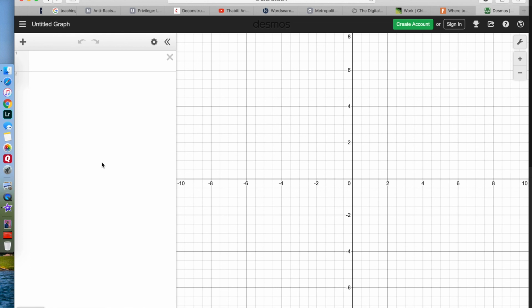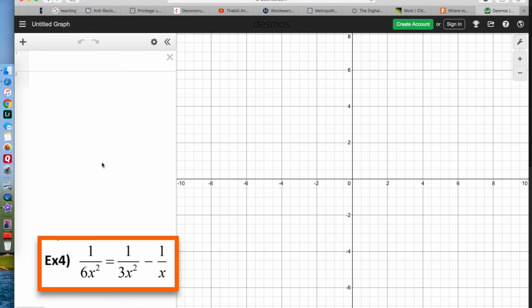And so what you want to do here, this first example, is 1 over 6x squared equals 1 over 3x squared minus 1 over x.